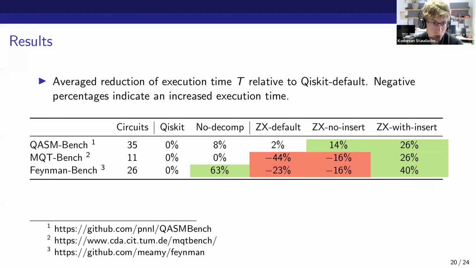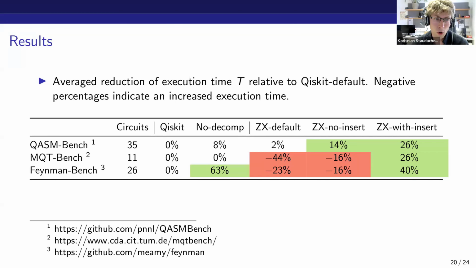So especially if we have those already optimized versions here in this benchmark, of course, it didn't work so well for the ZX no insert approach, and most notably this node decomposition strategy yielded the best results because we simply went through the circuit and replaced every Toffoli with the corresponding neutral atoms element, and thereby we kept the optimal number of multi-qubit gates. So this performed very well here, but in other cases, our algorithm was way better.